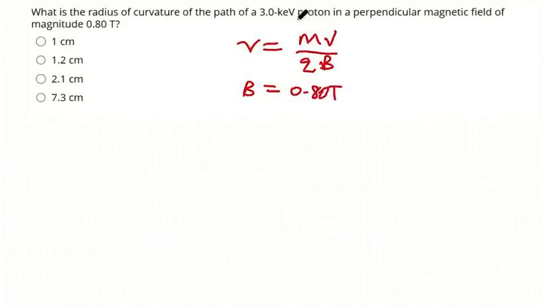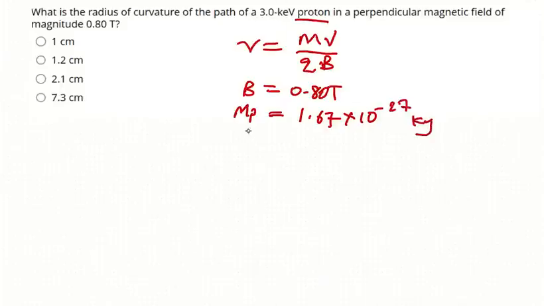We're told that it's a proton, so the m will be the mass of a proton, which is equal to 1.67 times 10 power minus 27 kilogram, and the q, which is the charge, is 1.6 times 10 power minus 19 coulomb.